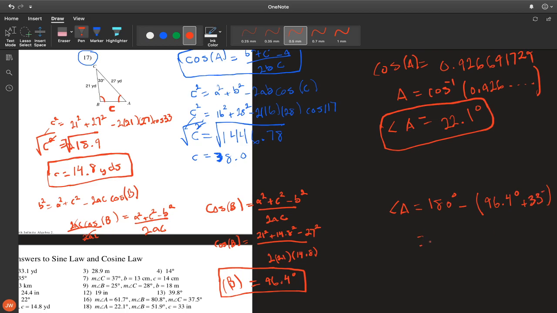Right? So 180 minus the sum of the other two angles will give you angle A. So instead of using cosine law again, you can find it easier doing it like this.